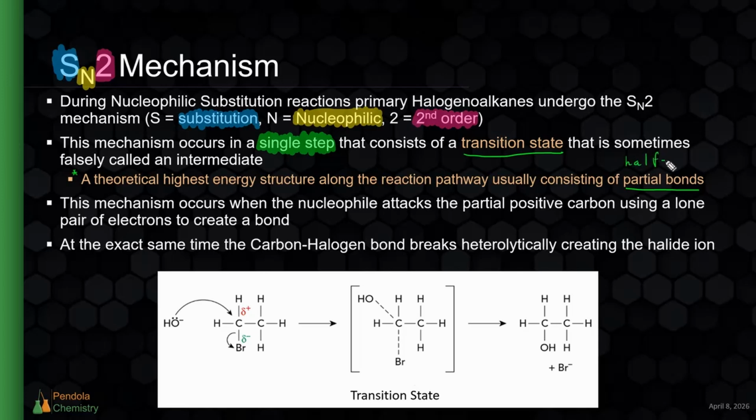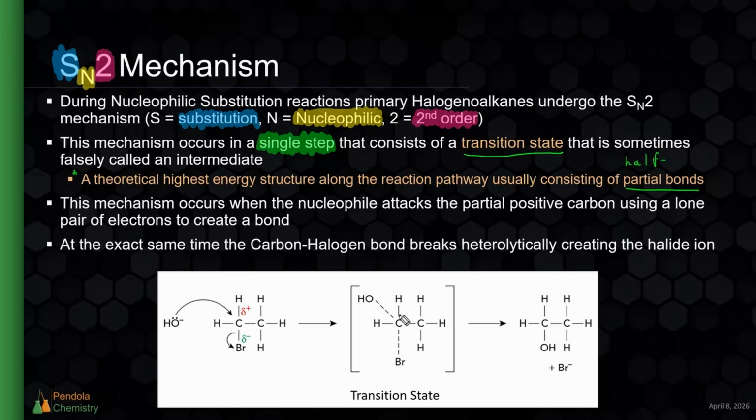So they're half bonds. Bonds that are either in the process of breaking or in the process of forming. So they're theoretical because they're not going to be part of an actual compound that is stable. They're going to be part of what we call a transition state, a theoretical representation of bonds being made and bonds being broken.